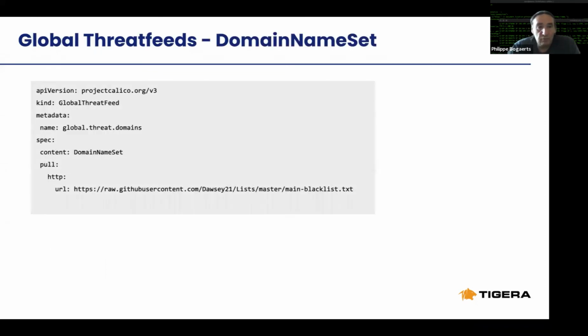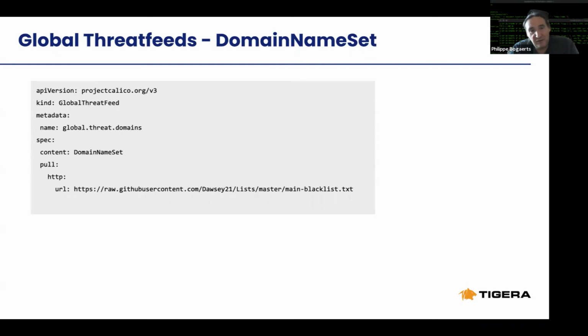So just a few screenshots, but as I mentioned, we support global threat feeds based on domain name sets. So Calico Enterprise can download a list of blacklisted domains. There's a feature to block them, but the idea is that if a pod connects to one of these domains, you get alerts.